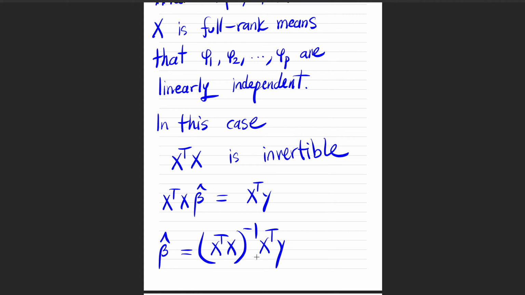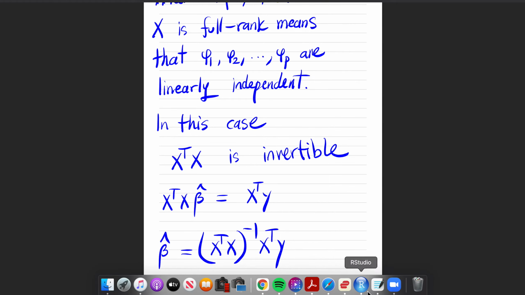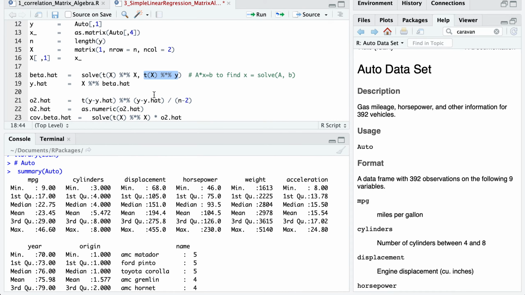So this is our B, and X transpose X is our A. So this is beta hat. And then we can use that beta hat to get the Y hat, the estimated responses.